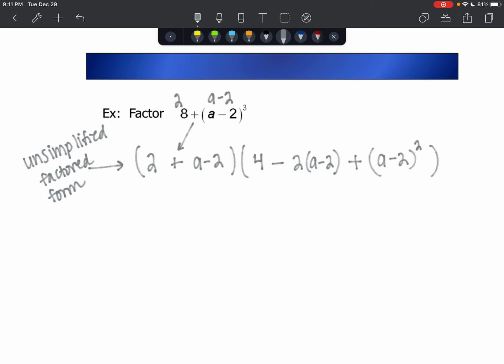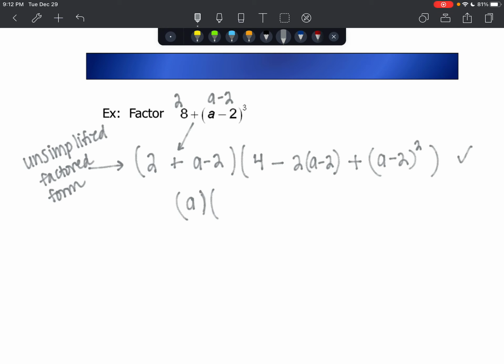So what I would do is I would look at my answer key and I would see how far I need to take my answer. If this was the answer in the answer key, I would say, check, I'm done. But if it doesn't look exactly like this, I know that I have to do a little bit more work. Well, 2 plus a minus 2 is just an a, because 2 minus 2 cancels out, it's 0.